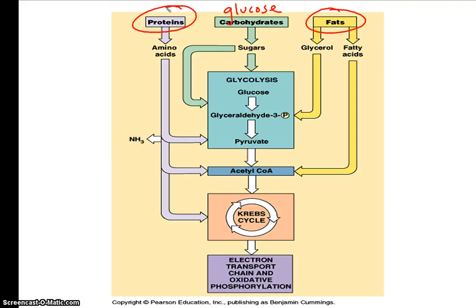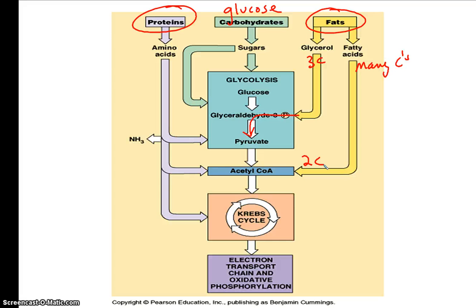So fats, if you remember, glycerol is a 3-carbon molecule. Fatty acids are many carbons. And they get broken down, and glycerol gets filtered in right before pyruvate and converted to pyruvate. Fatty acids can get broken down and fed into the cycle as 2-carbon acetyl-CoAs.